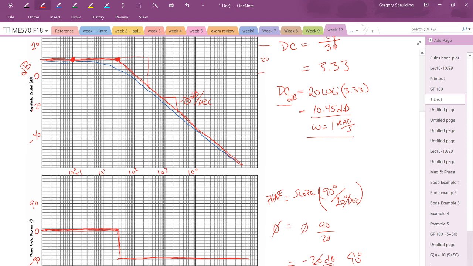Now, it doesn't look like this exactly either. What we want to do is come from our pole location, or our zero location, and step back 1 decade. This doesn't happen instantaneously. So we step back 1 decade, and then we step forward 1 decade to here. And our true Bode would look more like this.